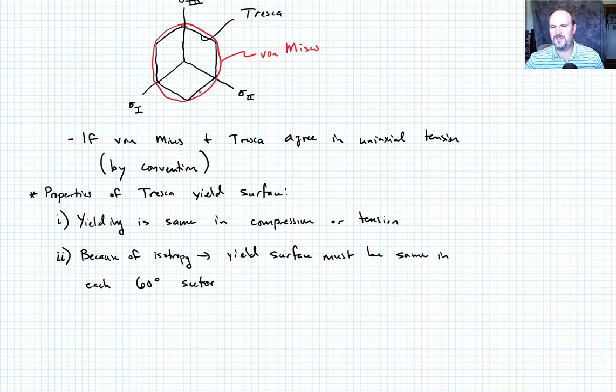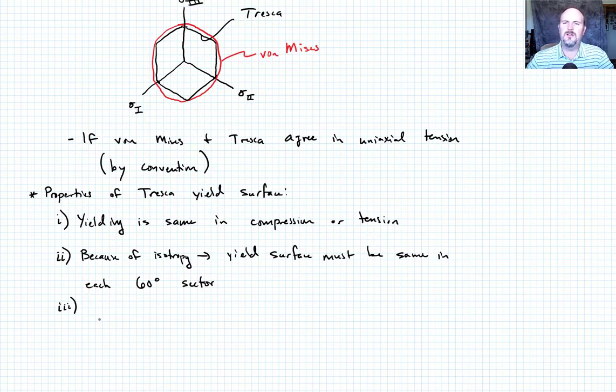Of course, it has more symmetry than just that. It's completely symmetric. But in this case, because tau max can potentially jump from looking at a principal stress between 1 and 2 to a principal stress between 2 and 3, etc., it has less symmetry than the von Mises, but still must be symmetric in that 60-degree sector.